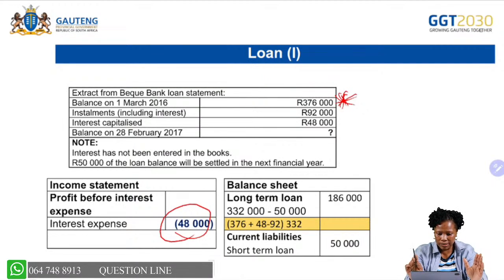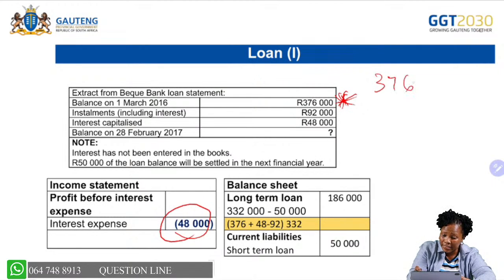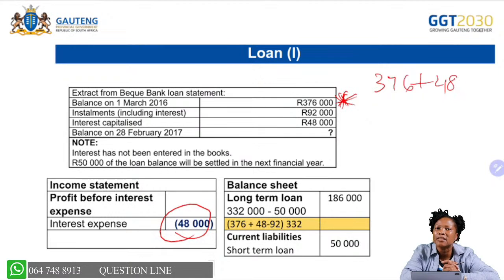balance sheet. Right. In your balance sheet, it's going to be structured very differently because you will start with your 376,000. And remember, our interest during the year was 48. You must add.